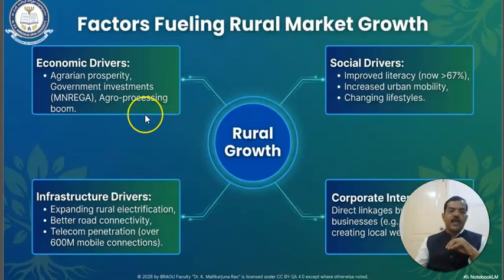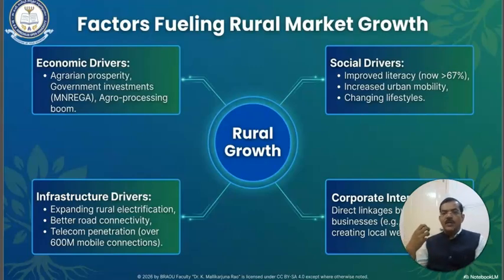Economic drivers, agrarian prosperity, the government investments like NREGA, agriculture product processing boom is also there. The second one is social drivers, the improved literacy. Now it is more than 67% of literacy is there.